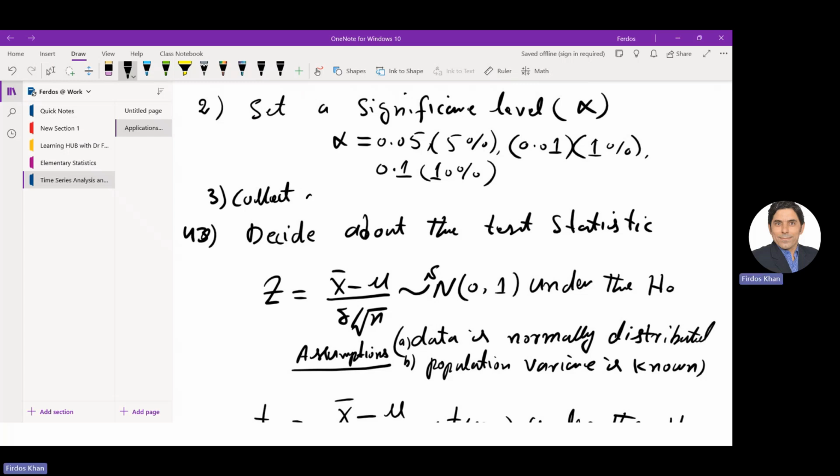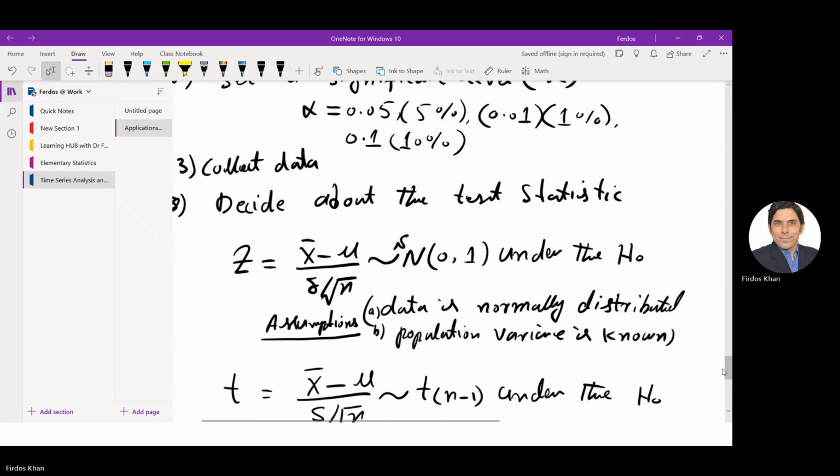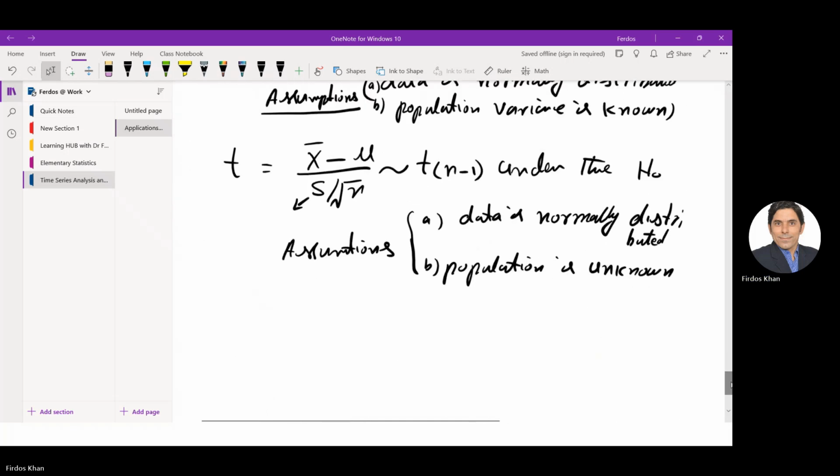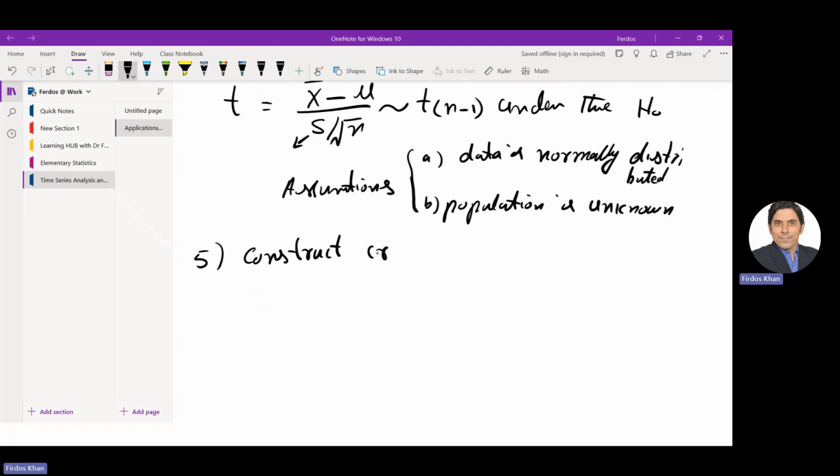And the fifth is construct the critical region, or rather it's better to use rejection region.